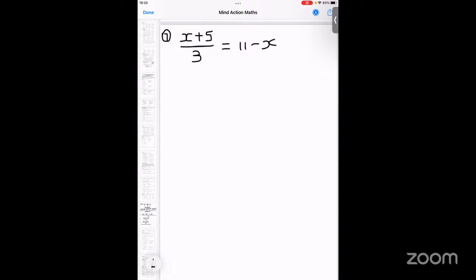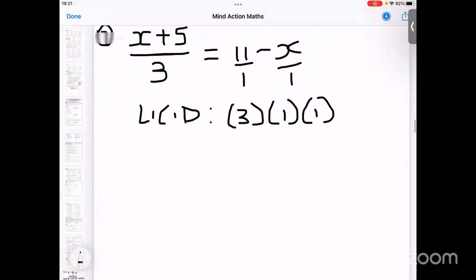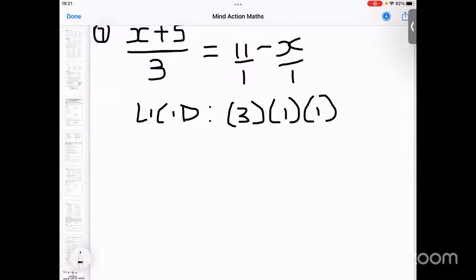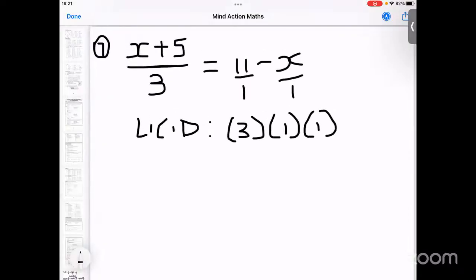When you look at that, you realize on the left, you've got a fraction, so you will also force these two terms to be fractions. Now what will be that LCD? You just take those denominators exactly as they are, so that you can multiply each term by it. I will not take shortcuts: 3, 1, and again 1.